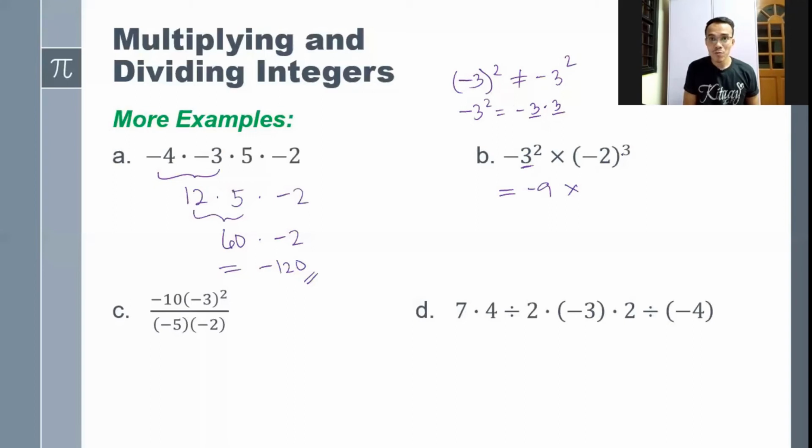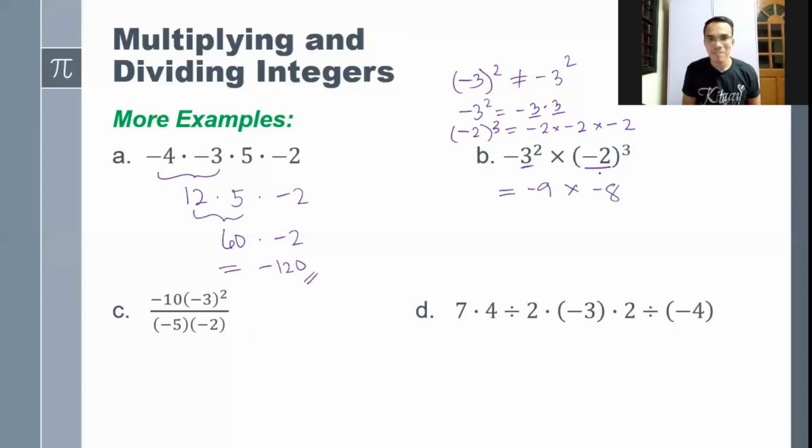Negative 2 cubed, the base is negative 2. The exponent is 3. So we have here something like this. Negative 2 cubed is equal to negative 2 times negative 2 times negative 2. Negative 2 times negative 2 is positive 4 times negative 2. The answer is negative 8.